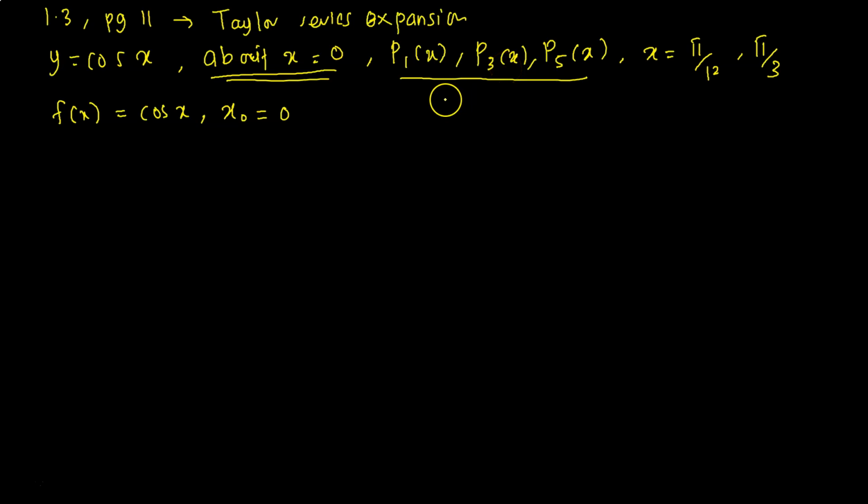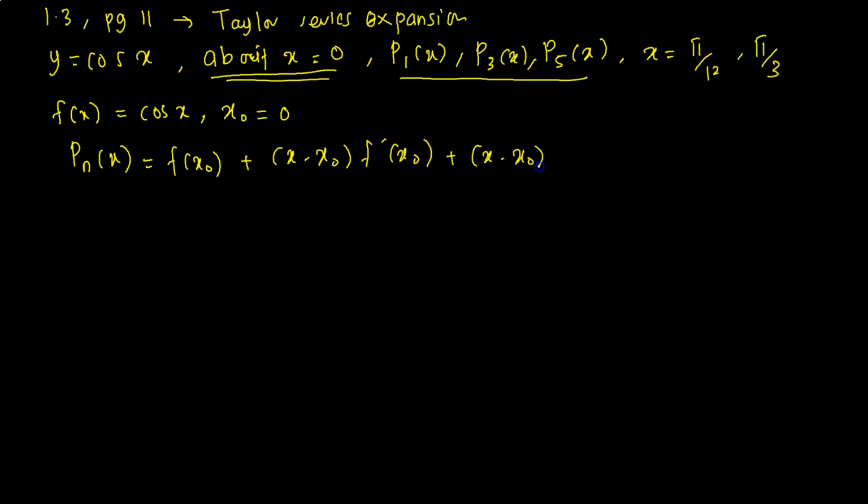So class, if you recall back the lecture video, the general form of Taylor series is given by f(x naught) plus (x minus x naught) f prime(x naught) plus (x minus x naught) to the power of 2 divided by 2 f double prime(x naught) plus (x minus x naught) to the power of 3 divided by 3 factorial.